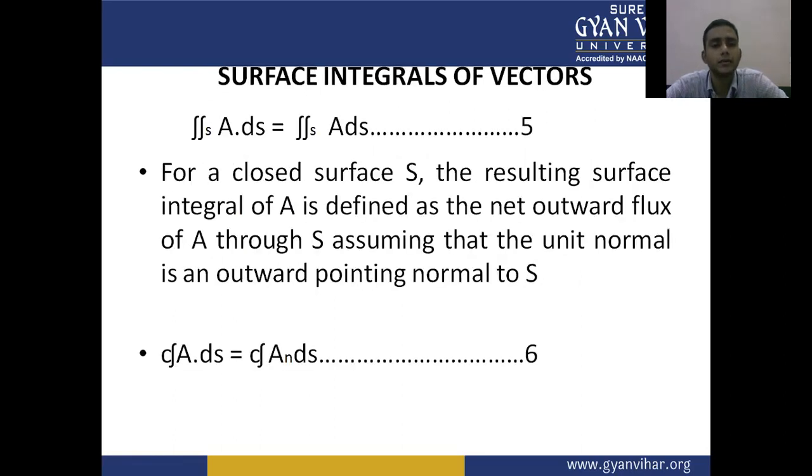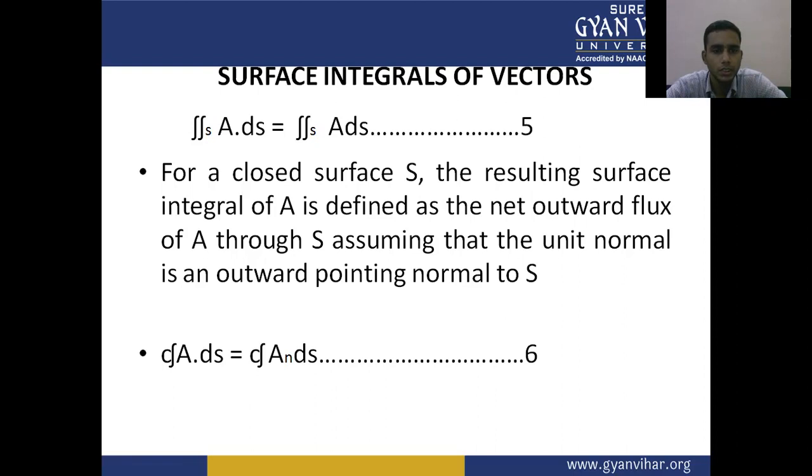Now the surface integral of the vector, that is the double integral of A dot dS, is equal to A_n times the double integral of dS. So the dot product is converted into a simple multiplication of the two things.